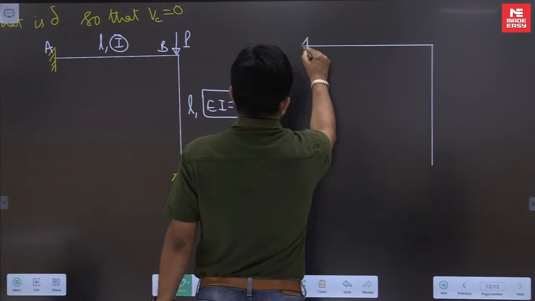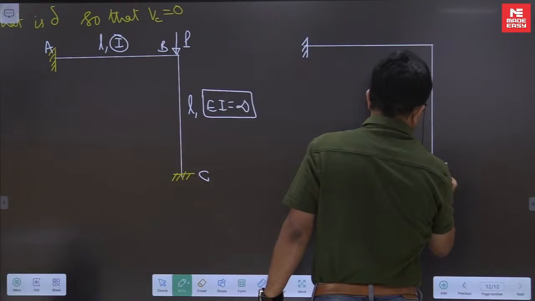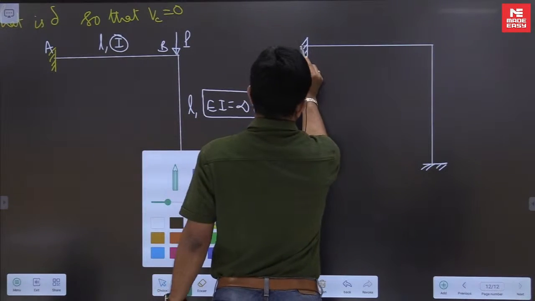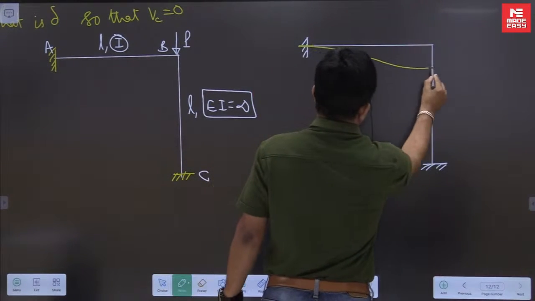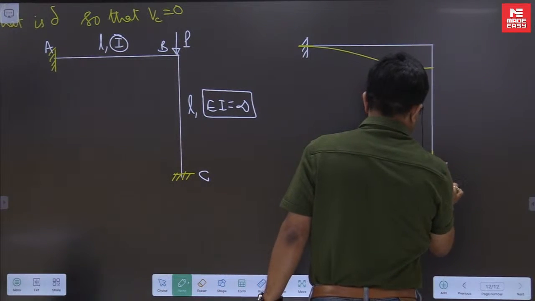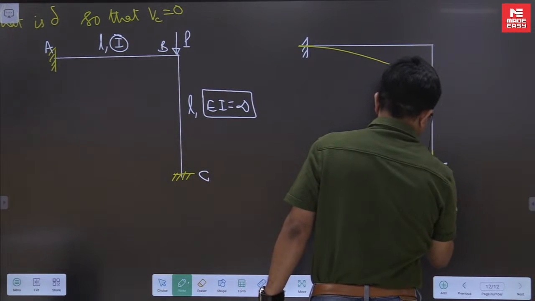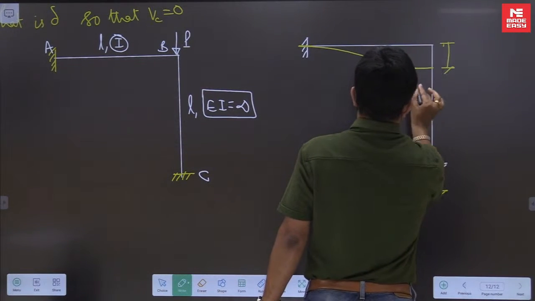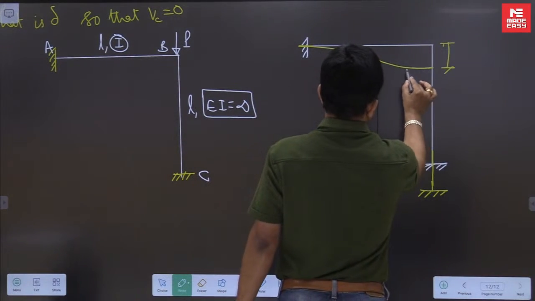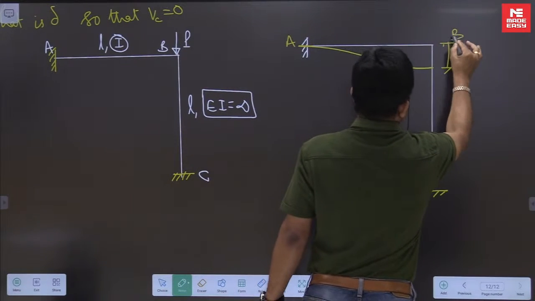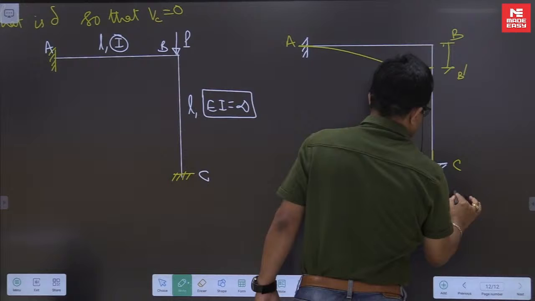Because he has given EI as infinity, the shape of the deflection profile is like this. A, B will come to B dash, C will come to C dash.